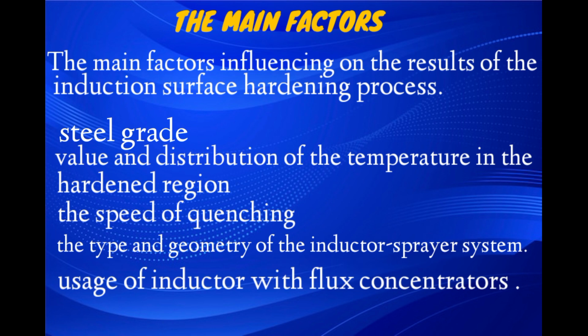The second one is the value and distribution of the temperature in the hardened region. Third one is the speed of quenching. So in induction surface hardening, very fast quenching takes place. Fourth one is the type of geometry of the inductor sprayer system. And the last one is the use of an inductor with flux concentrator.